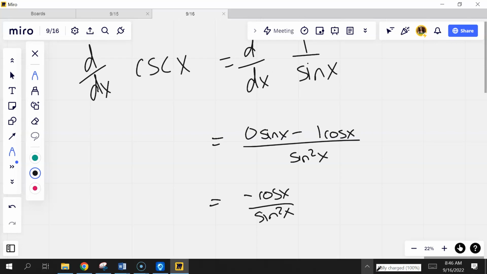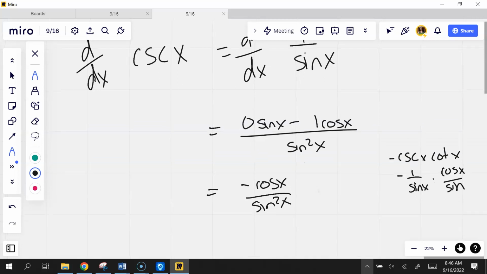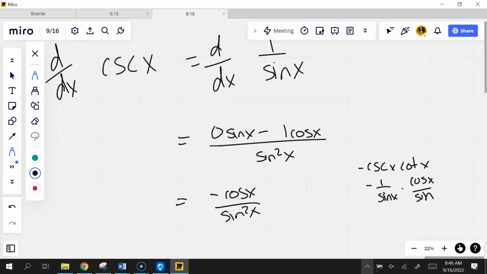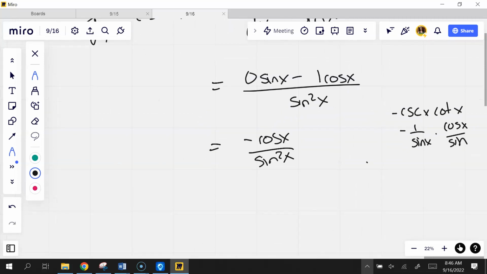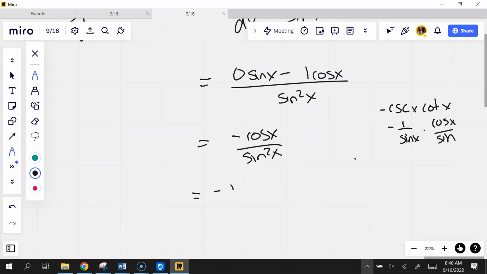Because I know what I have to get back to, and I have to get back to negative cosecant cotangent. I'm going to think about what those mean. That's negative 1 over sine. Cotangent is cosine over sine. And I could actually rewrite this that exact way because I have two sines in the bottom. Which is negative cosecant x times cotangent.